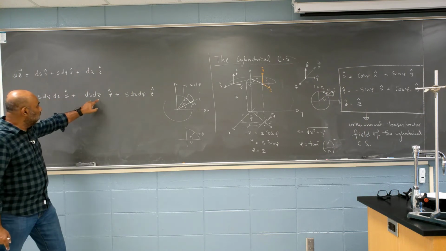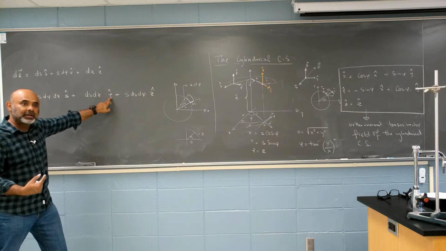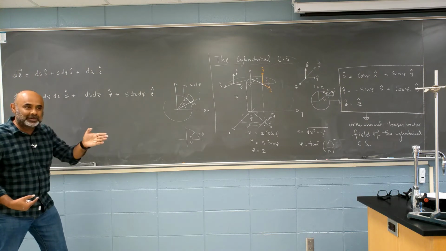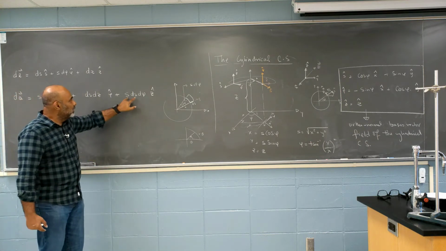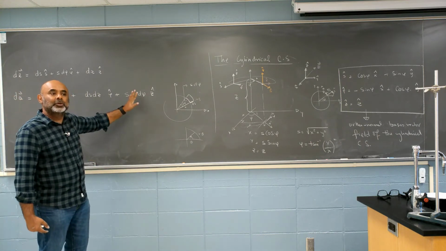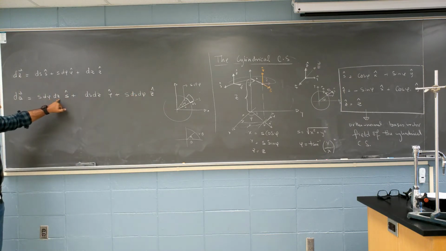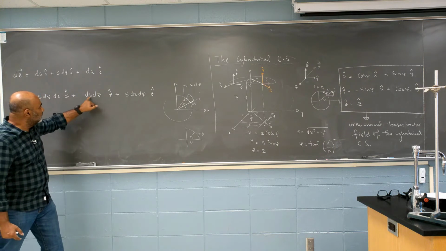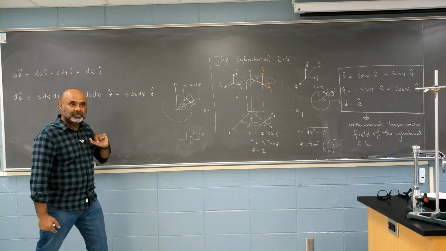The only difference is there's no phi here because it's phi hat. It's perpendicular to phi, and the other directions are sort of linear, so to speak. It's ds and dz. Back again, the s d phi will appear. So the trick is, if this is s, this is phi and z. If this is phi, this is s and z. If this is z, this is s and phi.